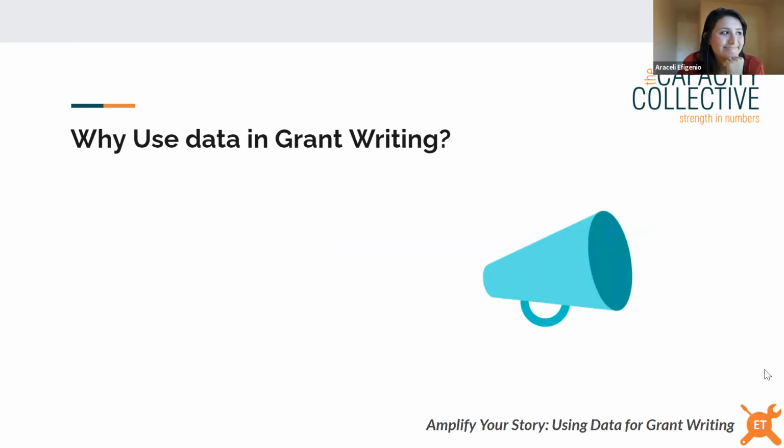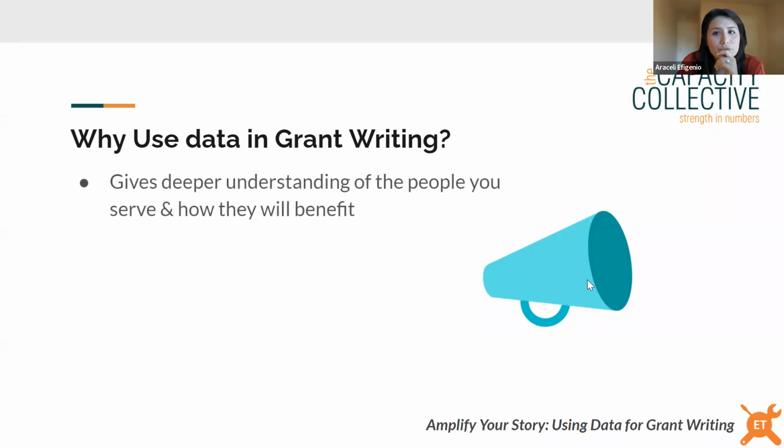So why use data in grant writing? Funders really see data as evidence in the case that you are making for your program. Data gives your reader or funder a deeper understanding of the population or the populations that you serve and how they will benefit from your unique approach.